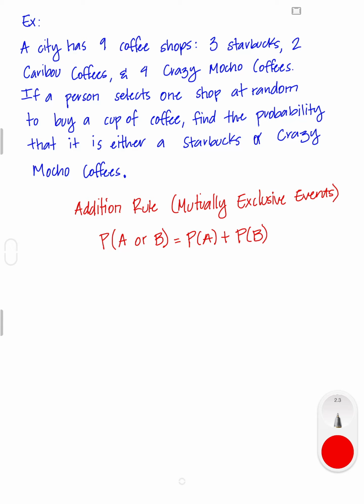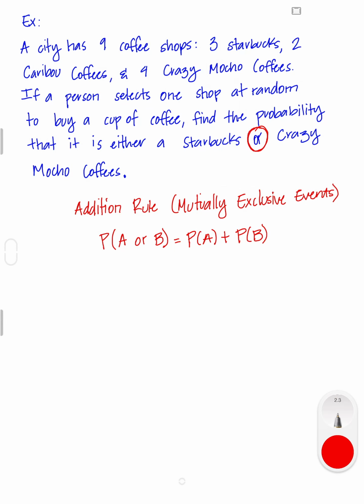Now, how do we know that this situation is talking about mutually exclusive events? Well, the fact that it says or, right? Now we know that choosing Starbucks or choosing a Crazy Mocha coffee, they're of course mutually exclusive because there's no way that we're going to go to a Starbucks and to Crazy Mocha coffee at the same time.